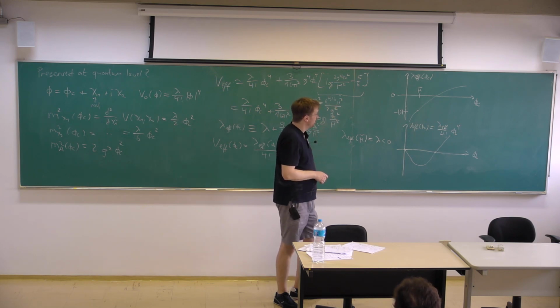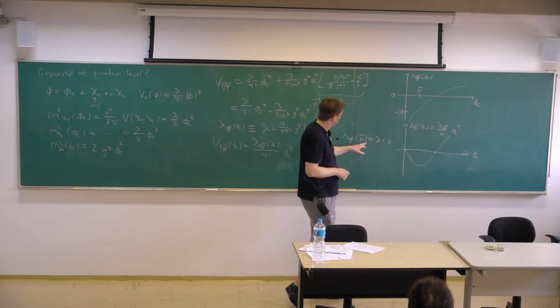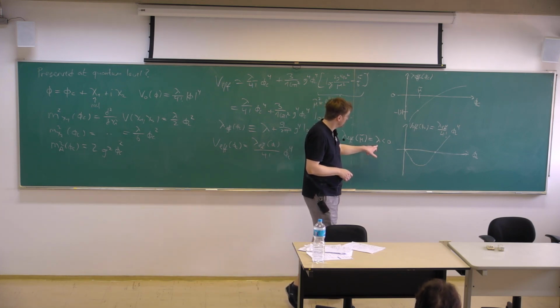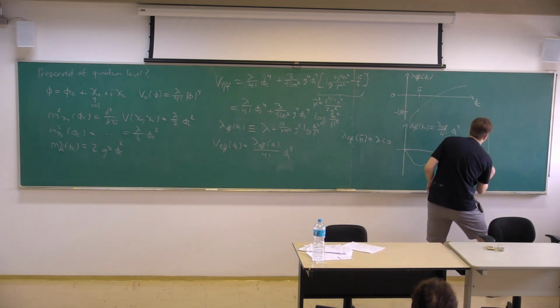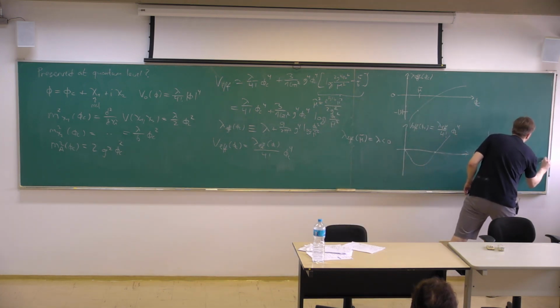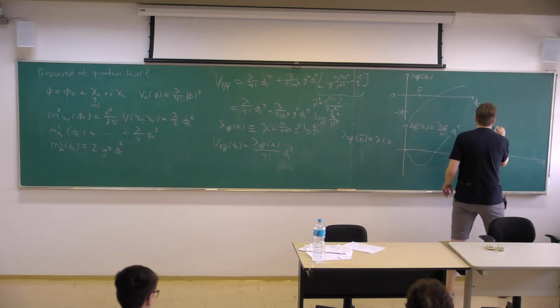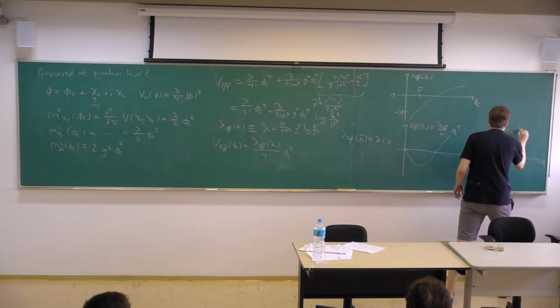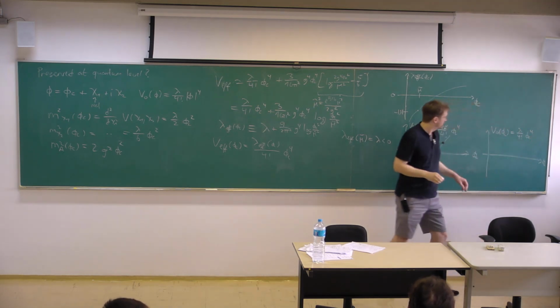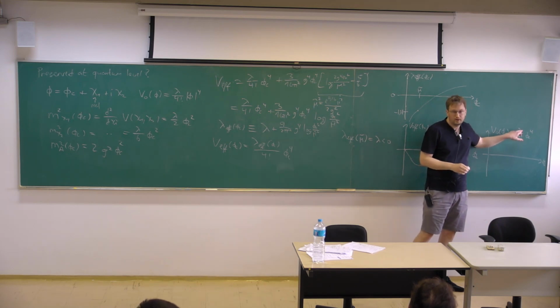We started off essentially at tree level, so I can also draw it at tree level now. So V0 of phi is just lambda phi to the 4 over 4 factorial, like this, right? And I said lambda is negative.